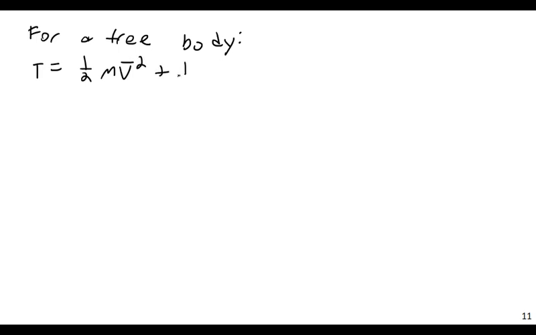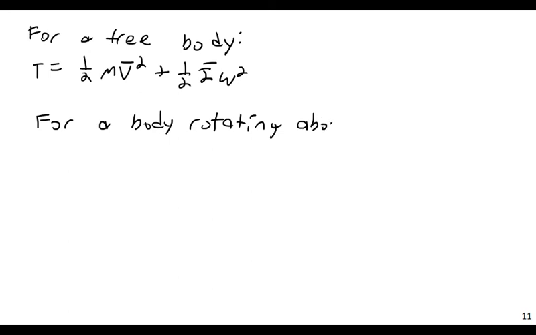Again, let me summarize: for a free body, the overall kinetic energy is going to be equal to 1/2 m v bar squared plus 1/2 I bar omega squared. You cannot use this equation here if you actually have a body rotating about a fixed axis.